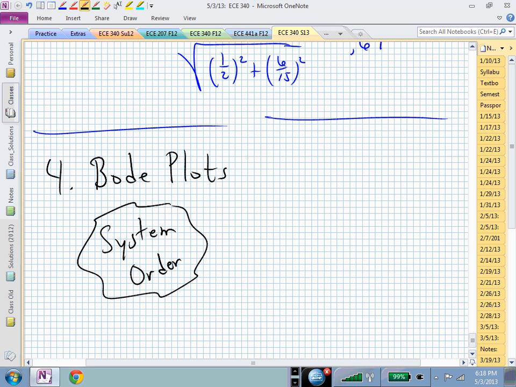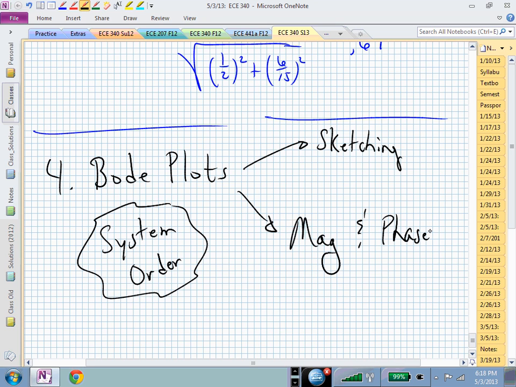One of those is the system order. You can sketch, and you can also give the magnitude and phase characteristics.